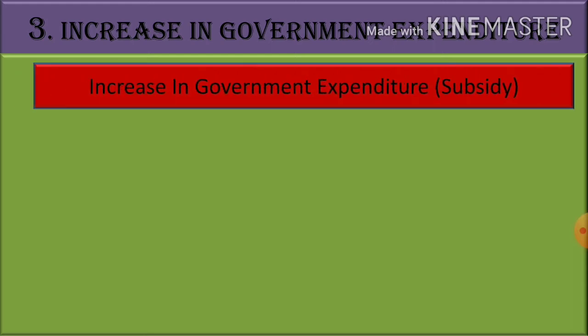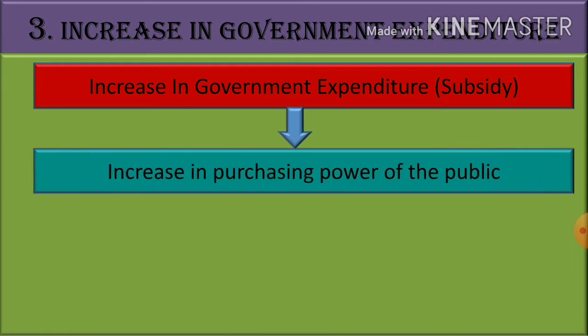If there is an increase in government expenditure, we are taking here the example of subsidy, because subsidy is also a government expenditure. If government expenditure increases in the form of subsidy, the purchasing power of the public will increase.